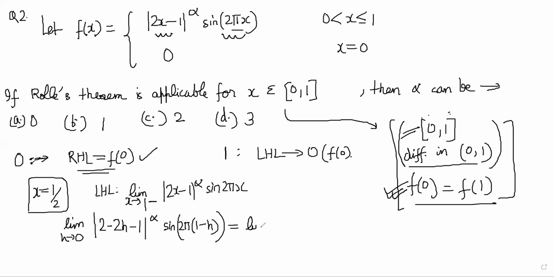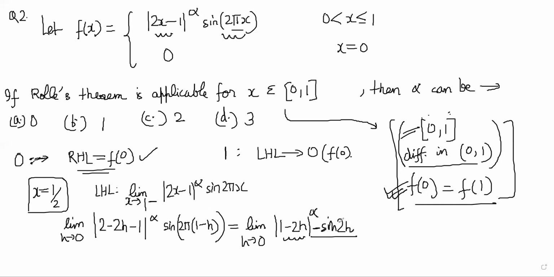This is becoming 1 minus 2h to the power alpha, and sine of 2 pi minus 2h will be what? It is fourth quadrant, right? So minus sine 2h. Now this part is tending to 1, 1 power alpha. But this part actually tends to 0. There is no problem, right?